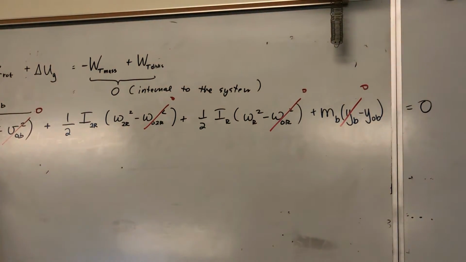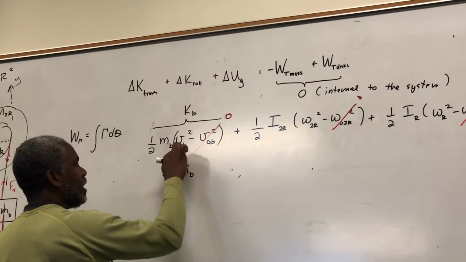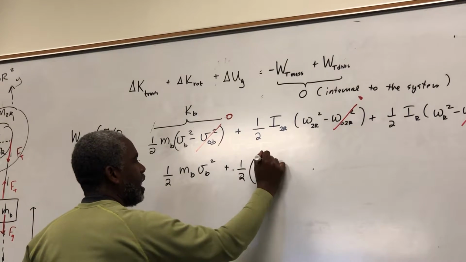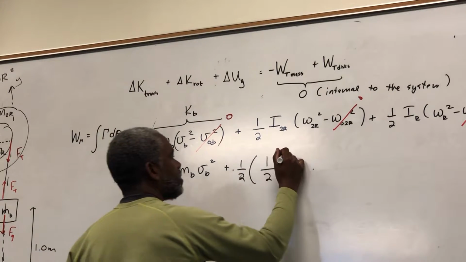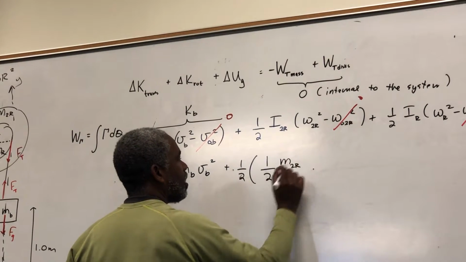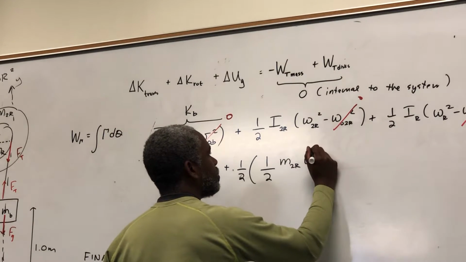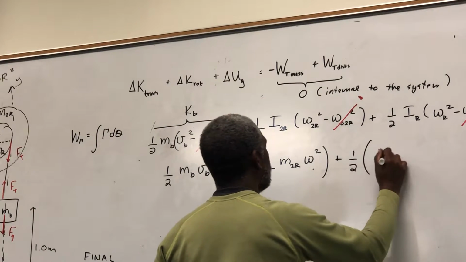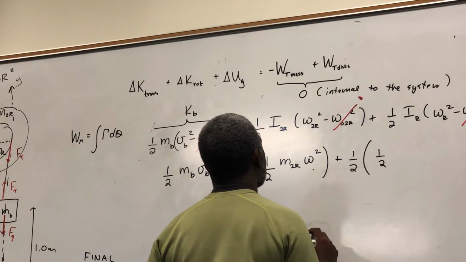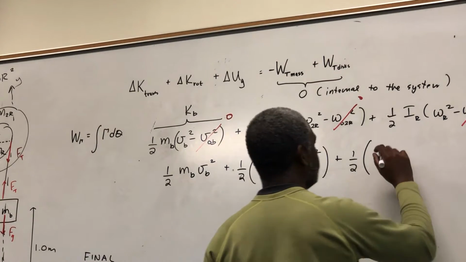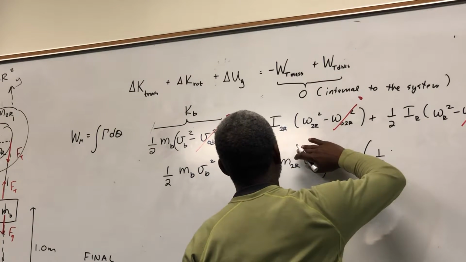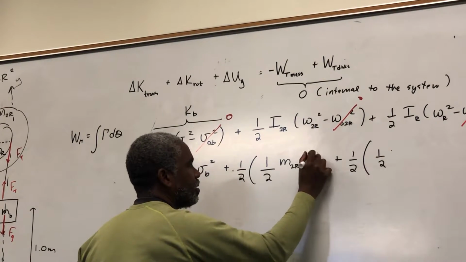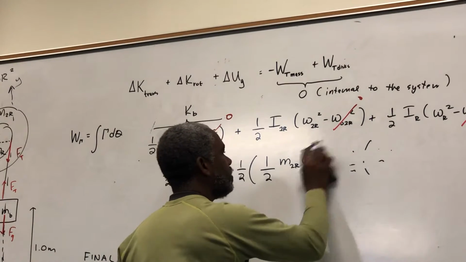So then we have 1/2 mass of the block, speed of the block squared, plus 1/2 I, this is rotational inertia of the 2r disk, omega squared, plus 1/2 times 1/2. Oh, I forgot my R. Right, I need more space.